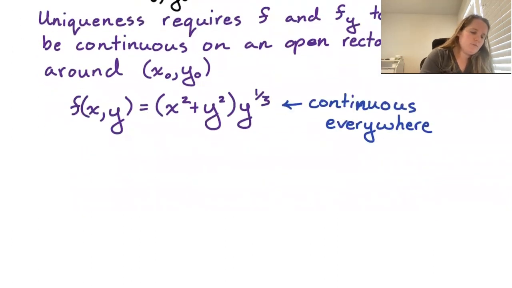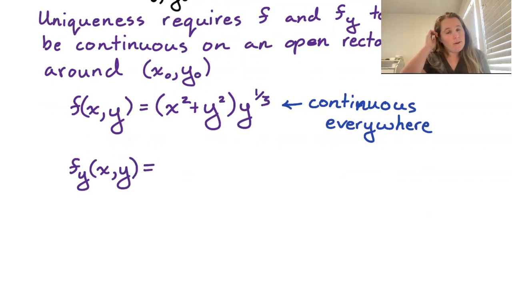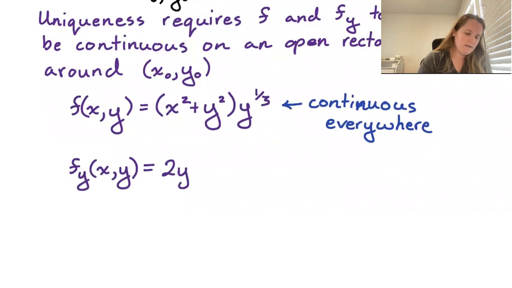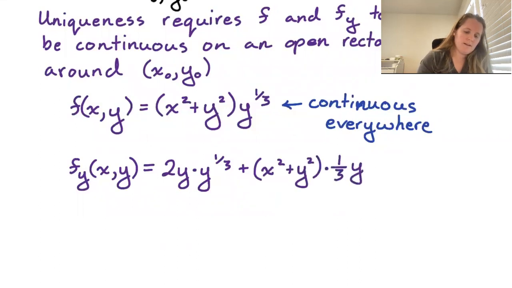If we take the first partial with respect to y, we do the derivative of the first part with respect to y, so we just have 2y times y to the 1/3. And then we do the derivative of the second with respect to y. So we would look at x squared plus y squared times 1/3 y to the negative 2/3.